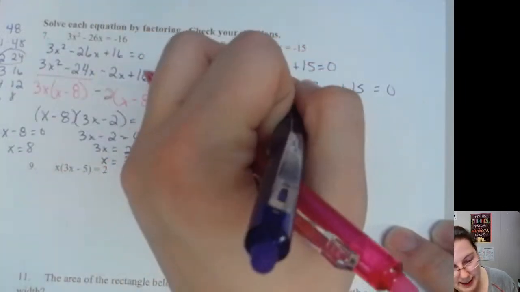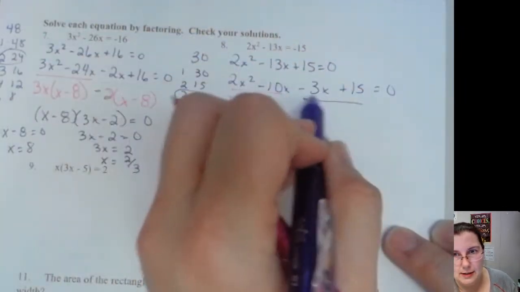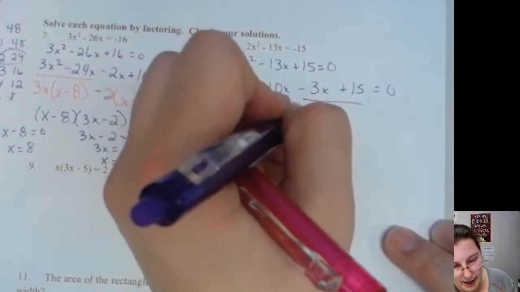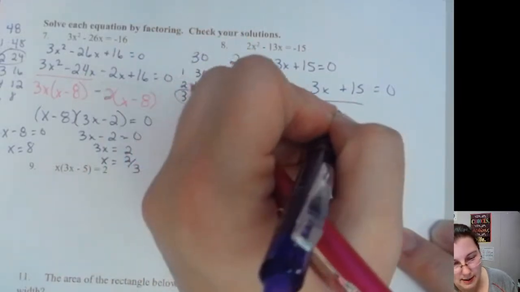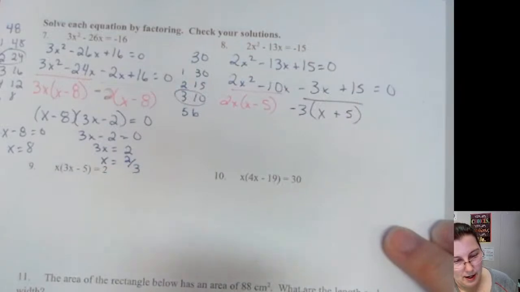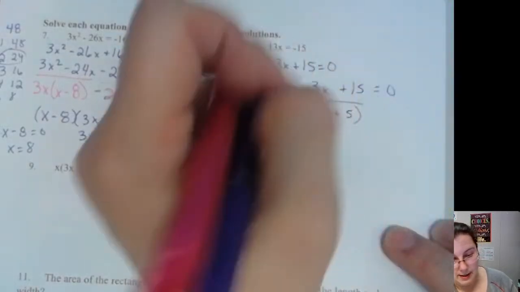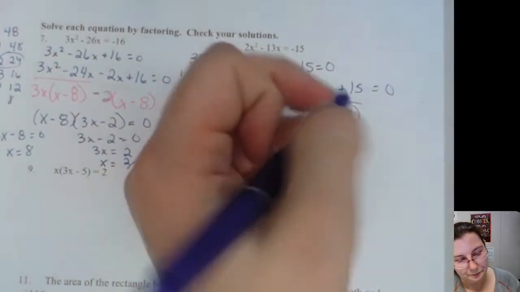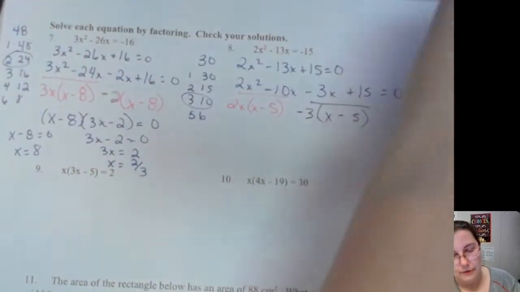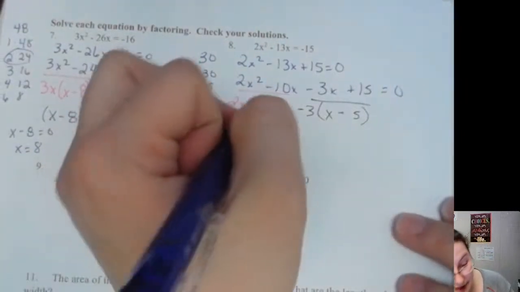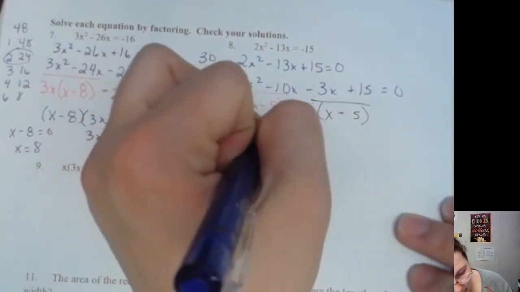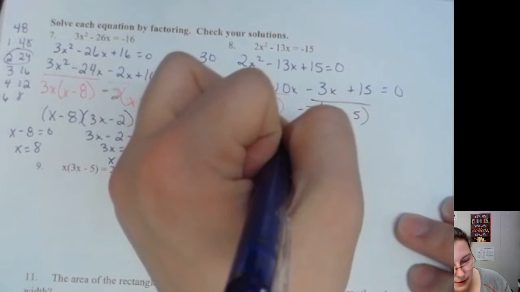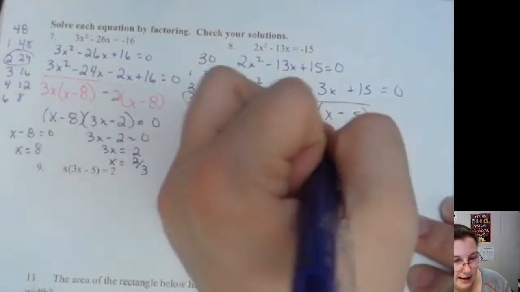On this one, because this is a negative 3x, I'm going to pull a negative 3 out, and it's going to leave me an x minus 5, sorry, because I know a positive 15 divided by a negative 3 is going to give me a negative 5. So now, pull out my greatest common factor, x minus 5, and I have 2x minus 3, and we're equal to 0.